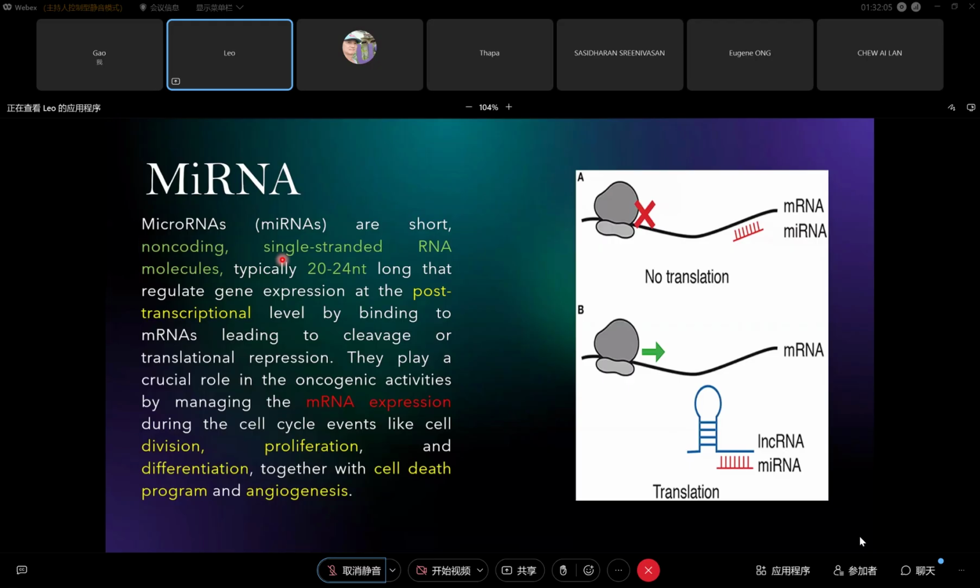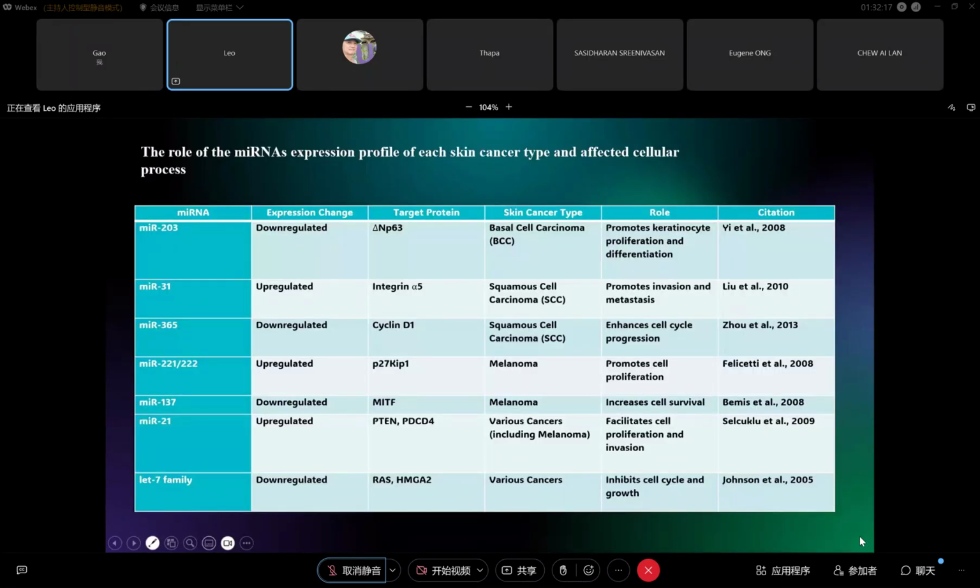So they play a crucial role in oncogenic activities by managing mRNA expression during cell cycle events. And these are the online papers that have been found on the role of microRNA changes in targeting proteins and causing cancer cells.